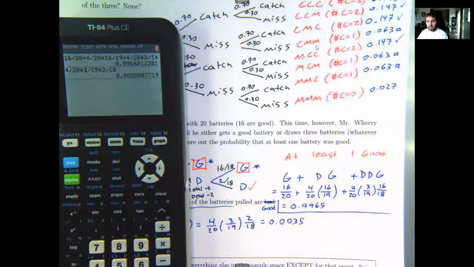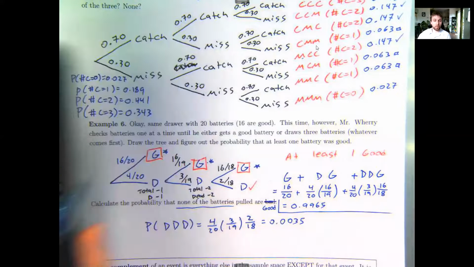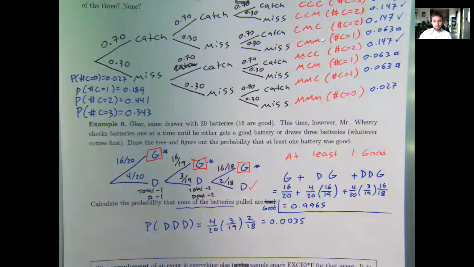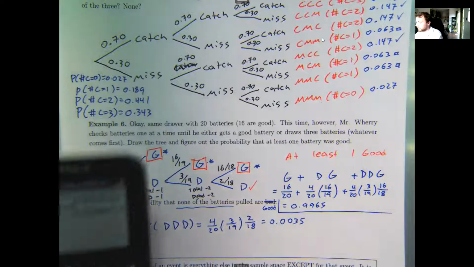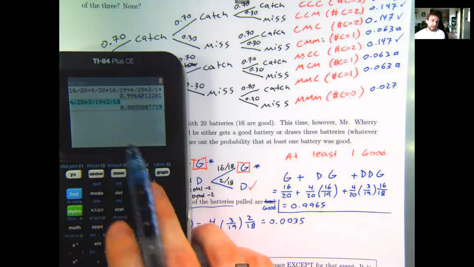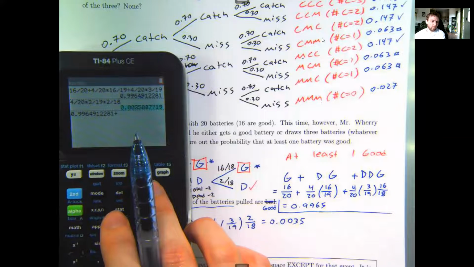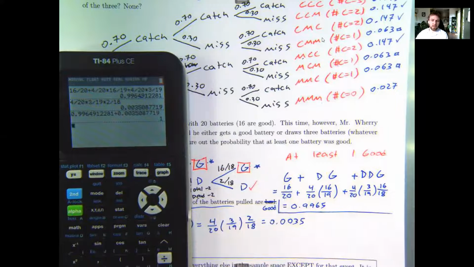Now, linguistically, the opposite of having at least one good battery would mean all of those batteries were bad, or none of them were good. So you might notice something about these two probabilities. If you were to take these two numbers and add them up, you end up getting 100%.